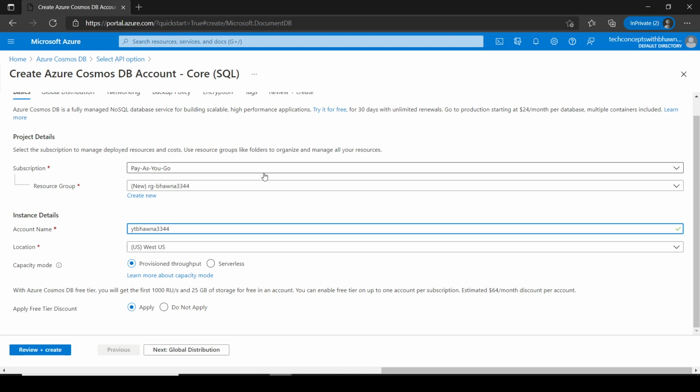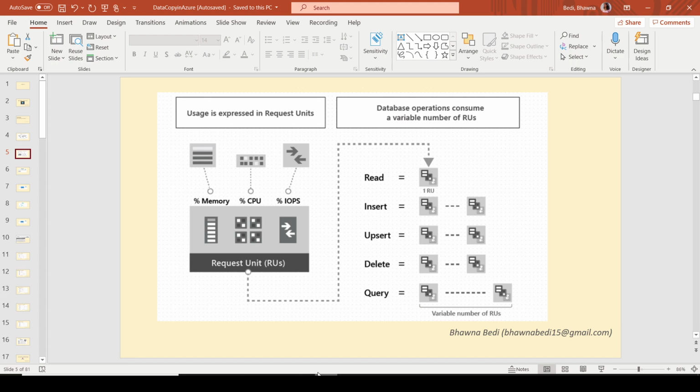RUs are nothing but request units. If you see this line over here, you can see RUs per second. This RU per second you can think of as the capacity that you are taking from Cosmos DB to do your work. So that is defined in terms of request units. I'll quickly go back to my PPT to explain this.